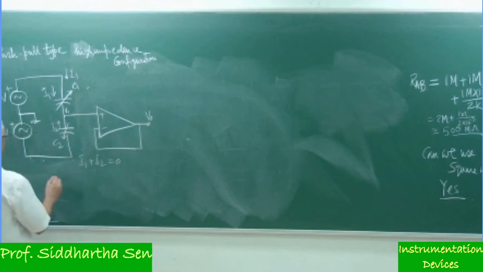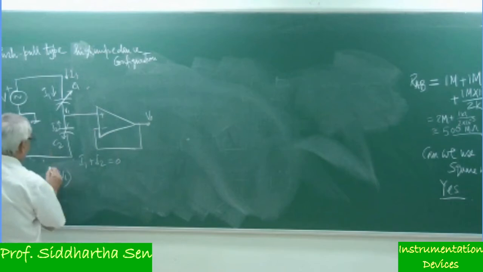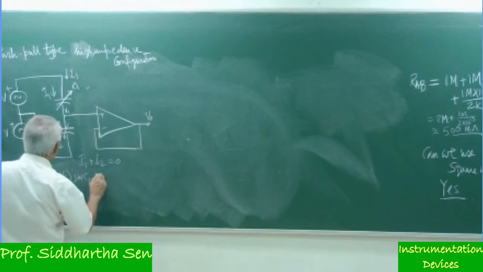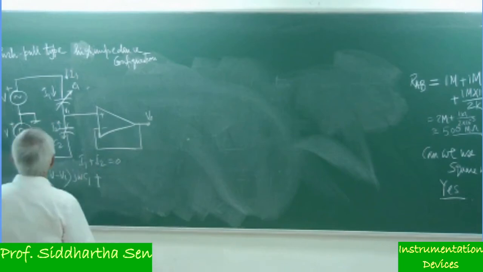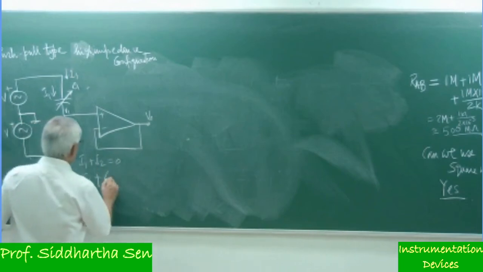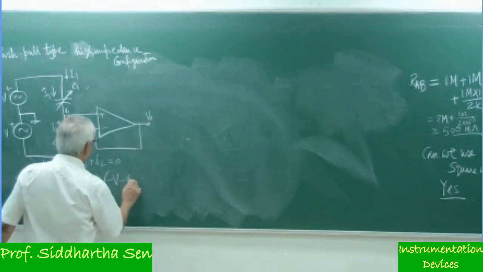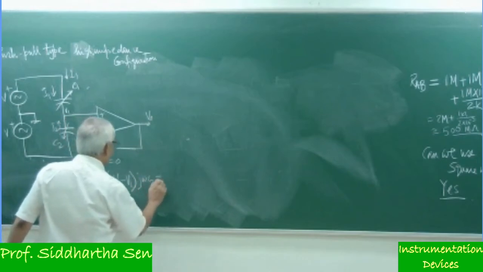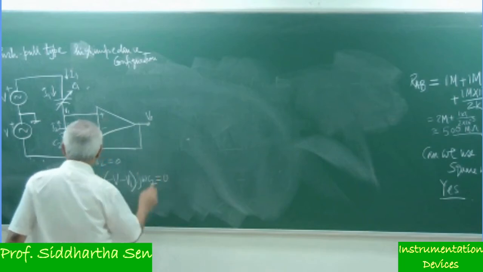So we can say it is (V minus V1) into j omega C1 plus, minus (V minus V1) into j omega C2 is equal to 0.